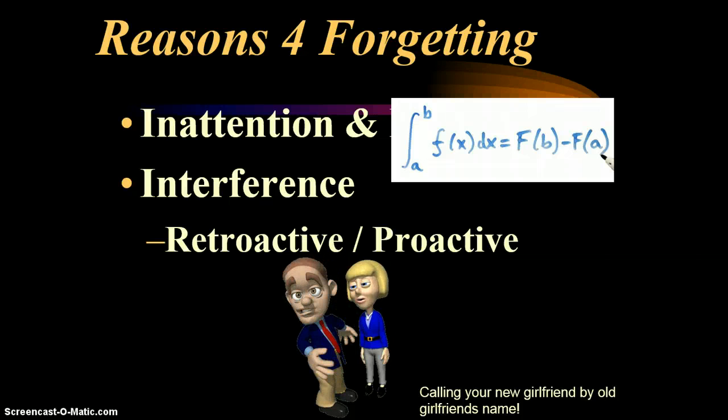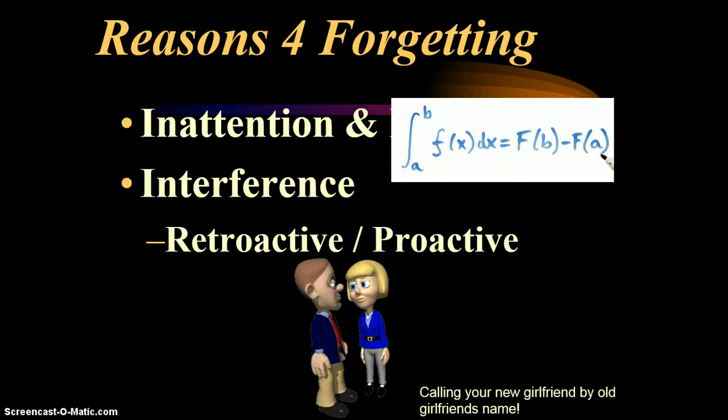Proactive interference is the opposite. This is when you have trouble remembering something new because something in the past is getting in the way. So as the little animation is showing, calling your new girlfriend by your old girlfriend's name, not a good idea.